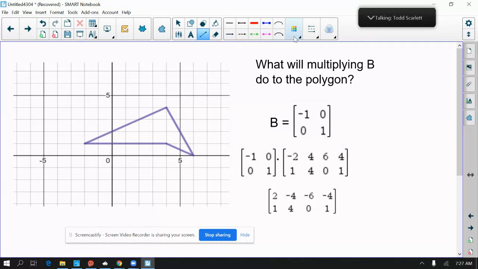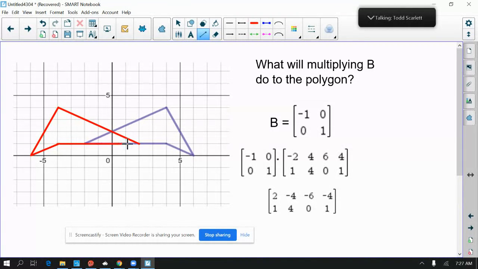So if you were following along there, you were taking the opposite of all the x values. So now I've got 2, 1, which is right here. And then I've got -4, 4. And then I've got -6, 0. And then I've got -4, 1.